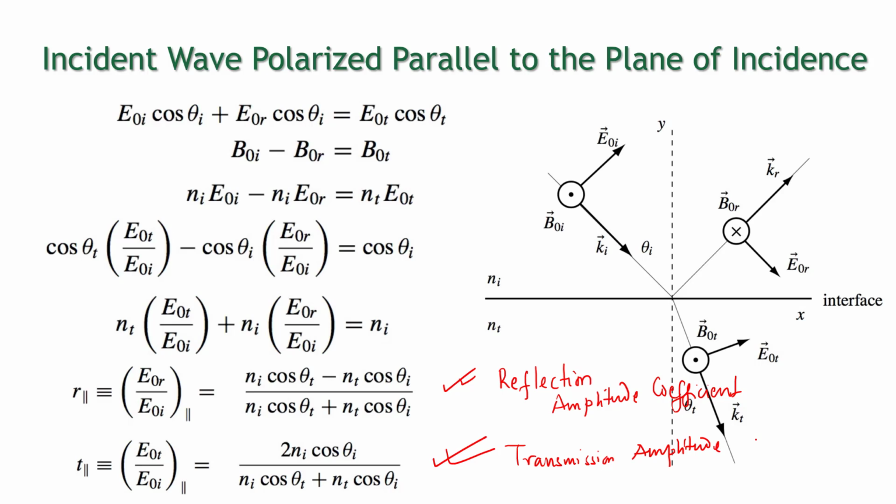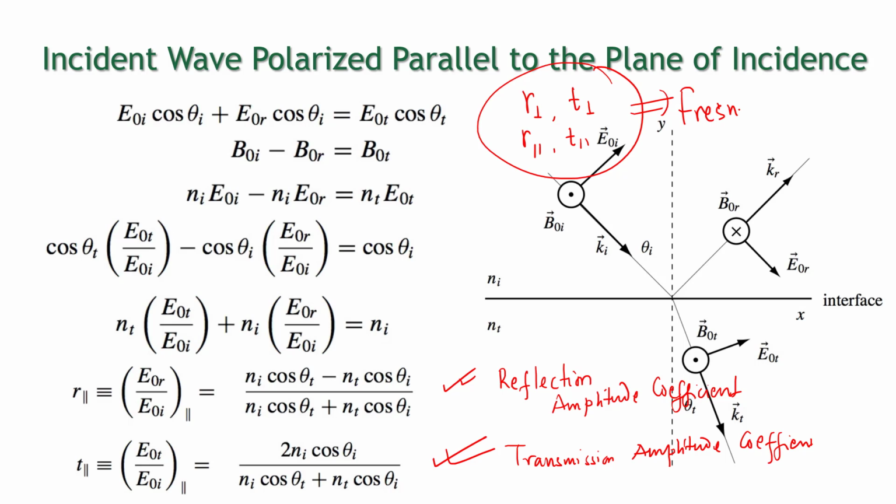And these four equations are what we call Fresnel's equations. Okay, so we got four equations for R perpendicular, T perpendicular, R parallel, and T parallel. So these expressions are called Fresnel equations, but it's pronounced Fresnel.